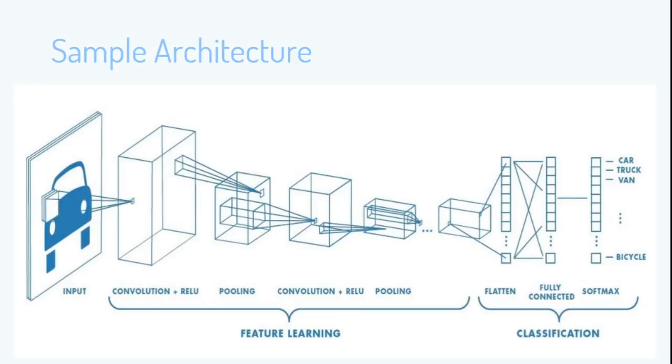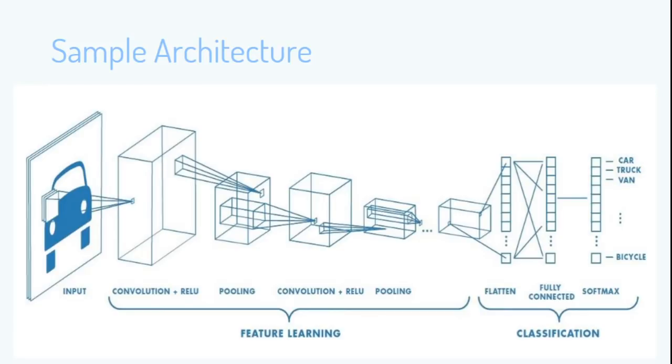Then it moves on to pooling, which reduces the size of the convolution layer. Then again it enters convolution plus ReLU, and after pooling I get one output, which is a feature result.